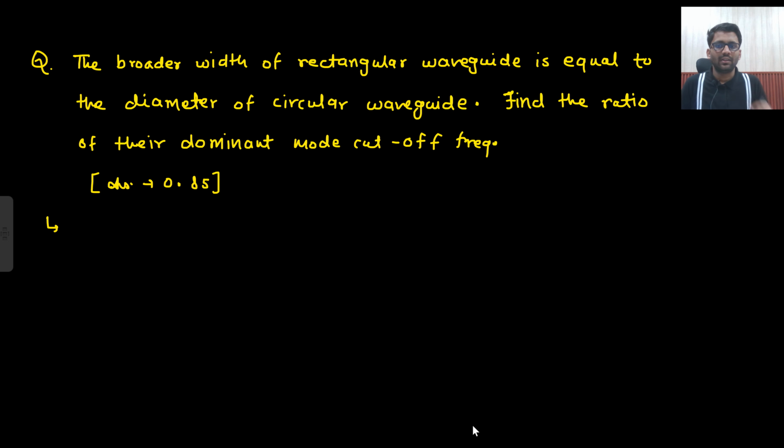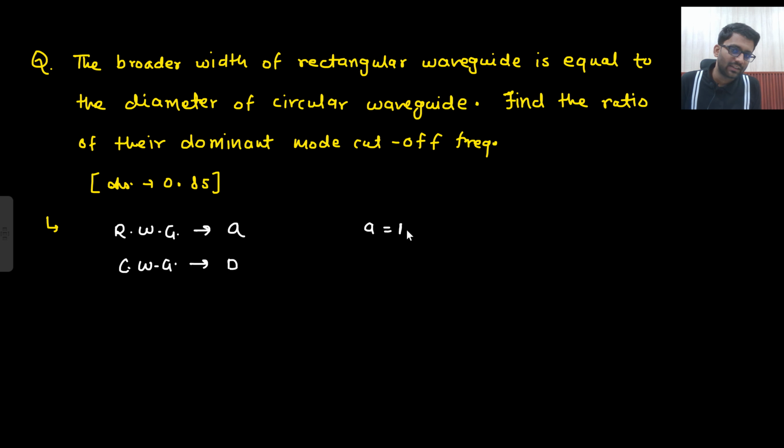Let's see this question. The broader width of rectangular waveguide is equal to the diameter of a circular waveguide. So for the rectangular waveguide, the broader width, we take that as A. Now in the circular waveguide, they are saying it is equal to the diameter.